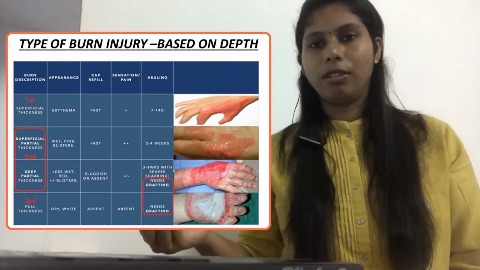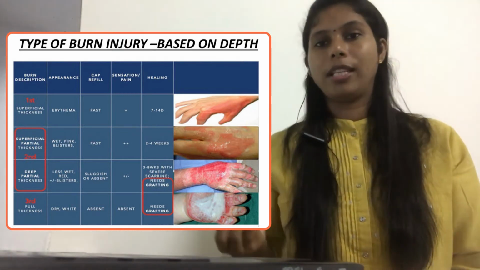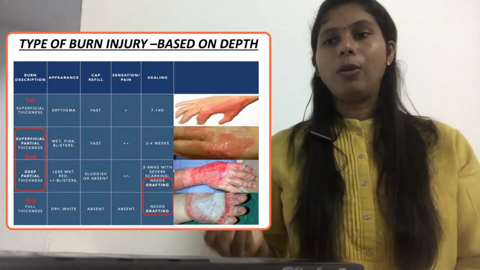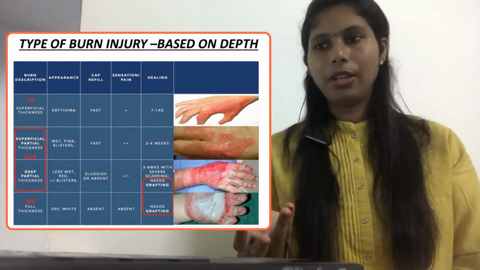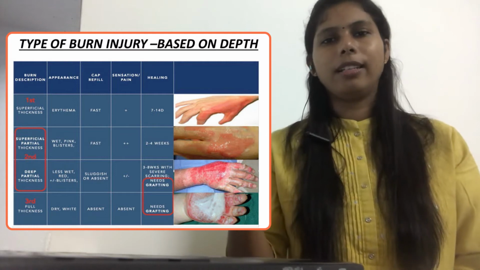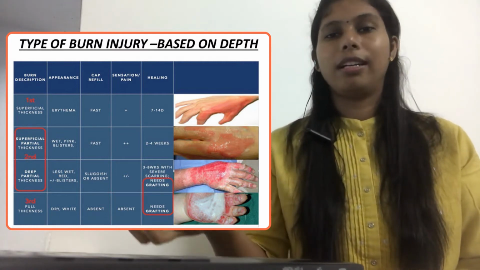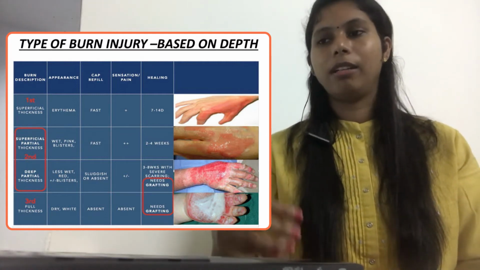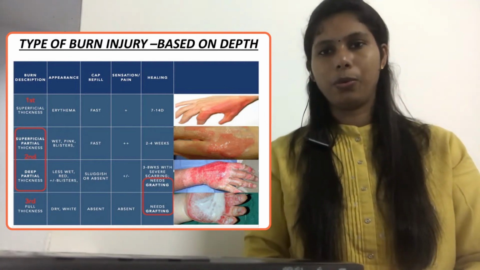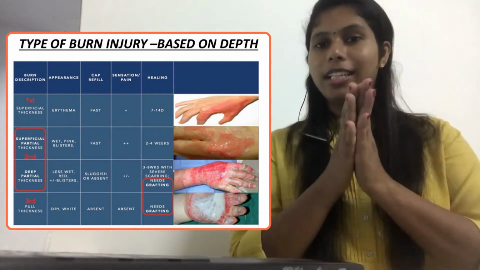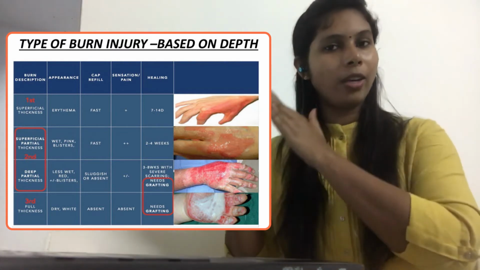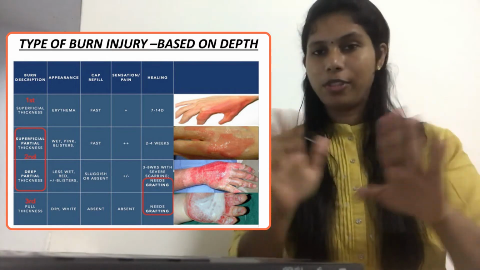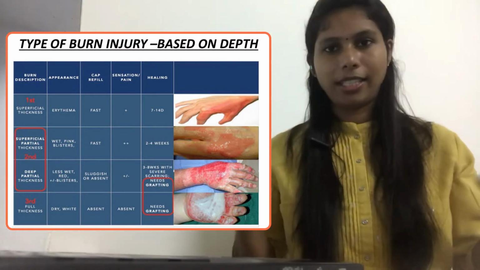That one affects the entire subcutaneous tissue and sometimes the muscles. Also in this third degree, it will affect the nerves. Usually it will take months for complete healing, based on the type of graft we are using. So this is all about the types of burn injury based on depth: first degree, second degree, third degree. Is that clear? I hope it's clear for you.